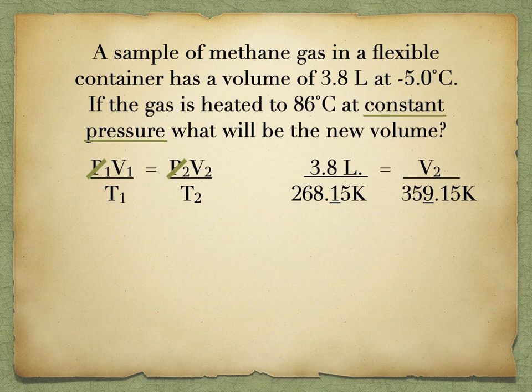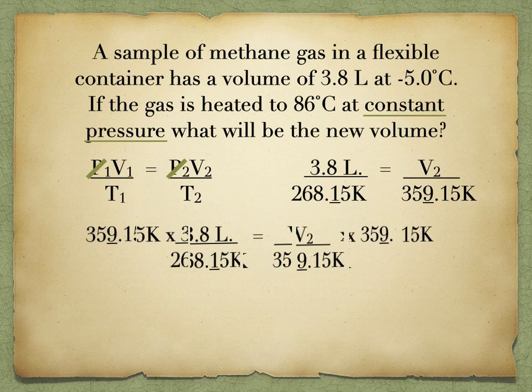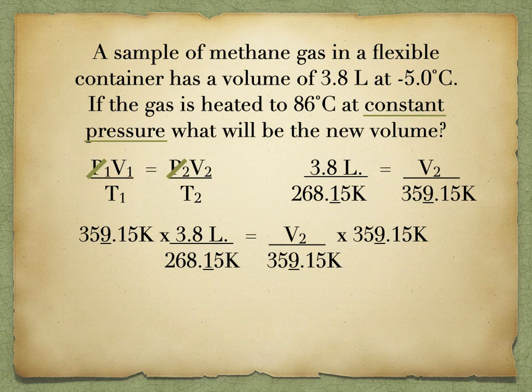We have then V2 is equal or divided by our new temperature, which is 86 plus 273.15, and that has to be rounded to the ones place. Okay, mathematically, we're going to multiply both sides by the temperature because we want to get that V2 by itself. That cancels out Kelvin on the left side. That cancels out the temperature on the right side.